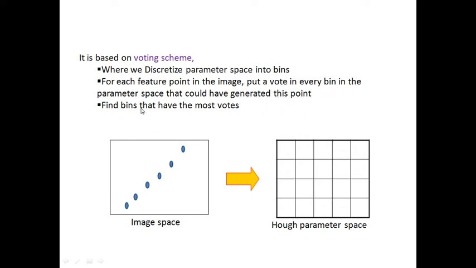Vote means logic 1. Then we find the bins that have the most votes. So this point has a tendency to form a line in the Hough space. This point, this point, this point, and this point: every point has a tendency to form a line in this Hough parameter space.